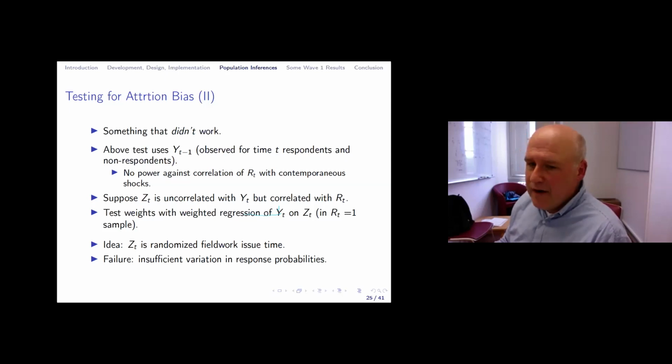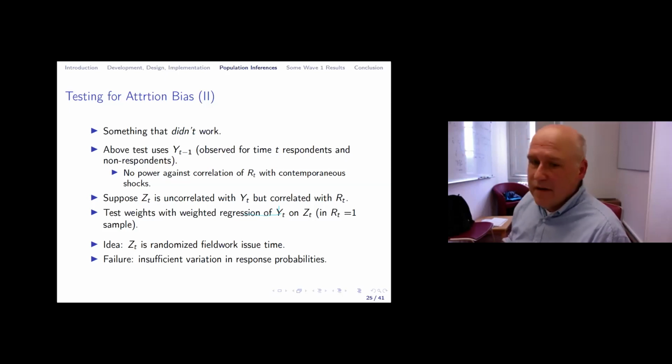Then in the population, we would know that a regression of the share of housework done by the female partner on that random variable Z should be 0. But in an unweighted analysis on the response sample, it would be non-zero because Z is correlated with response. And then we can test whether the weights take that back to 0. That was exactly the idea.